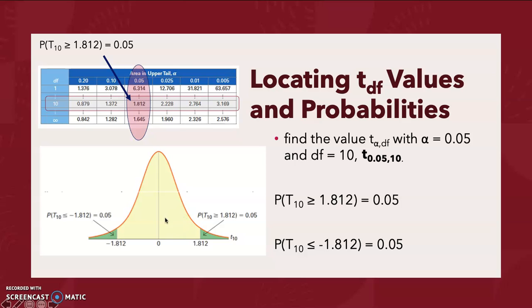Or the other way around, if we subtract this area from 1, meaning that the probability that t is smaller than 1.812 is just 1 minus 0.05, or 95%.